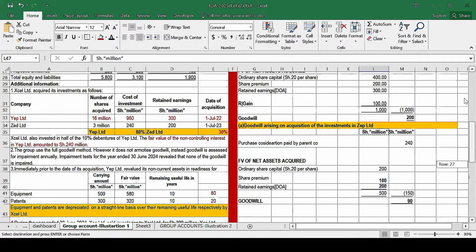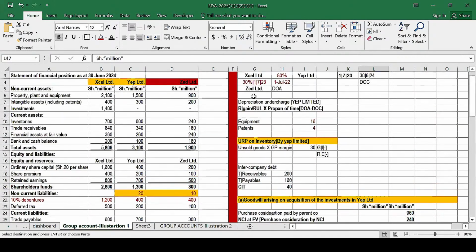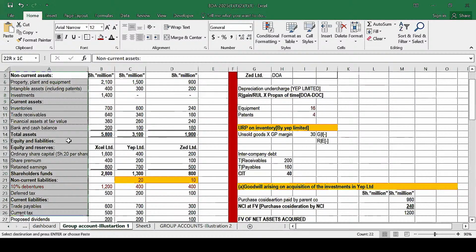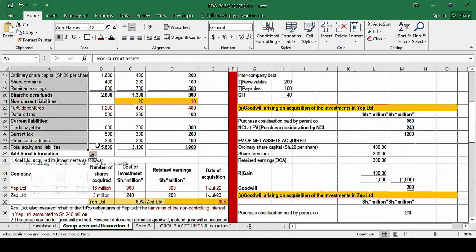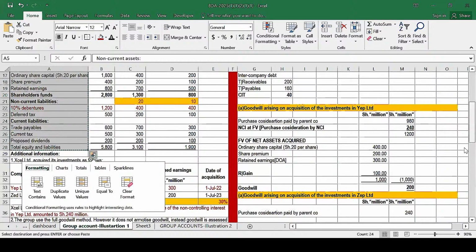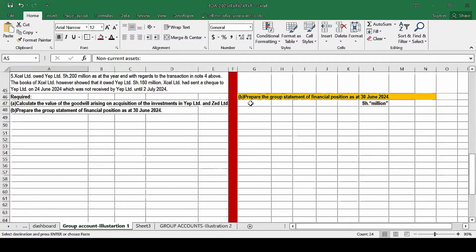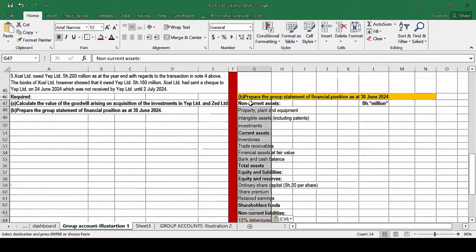Then I need to copy all this description here. I copy all that, Control C, and I paste that here, Control V like that.